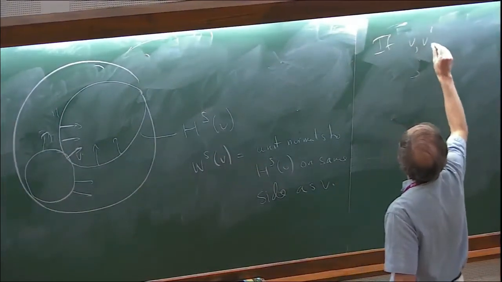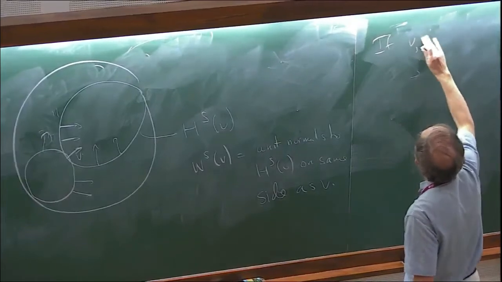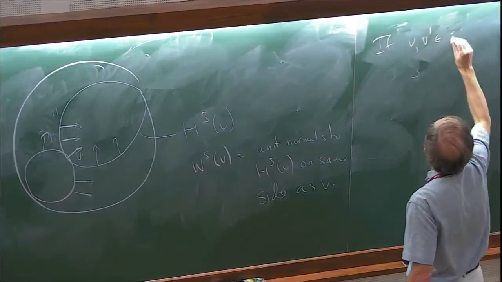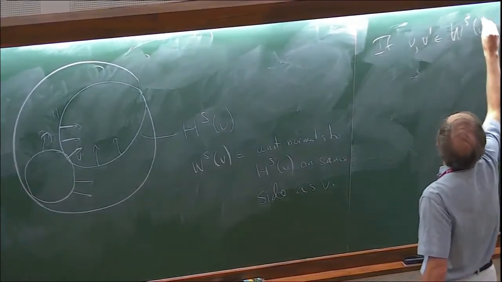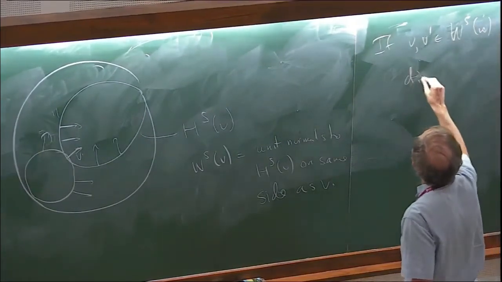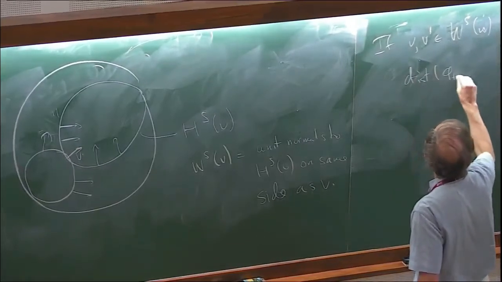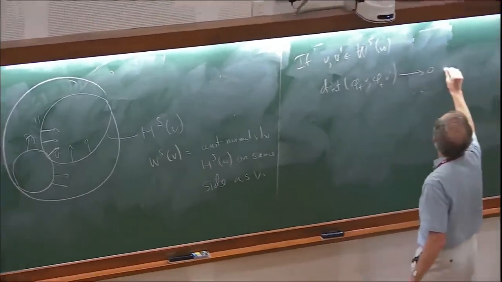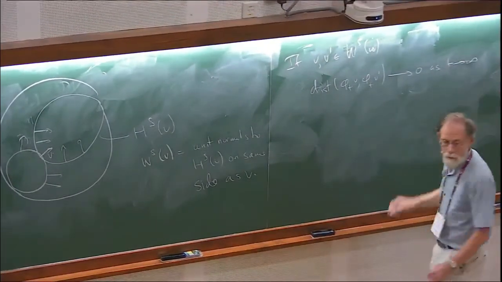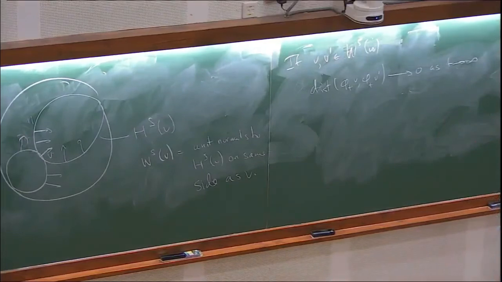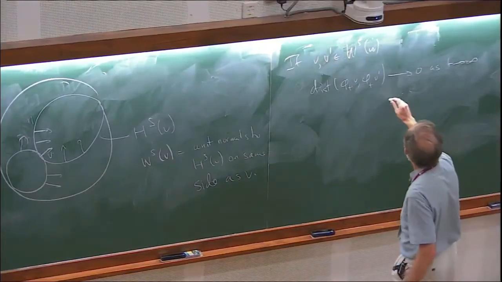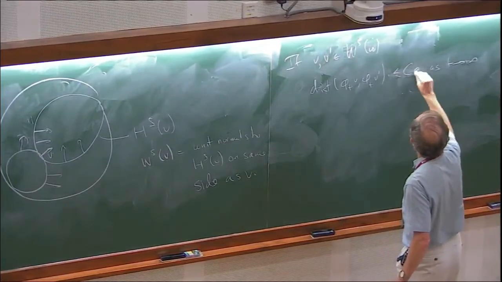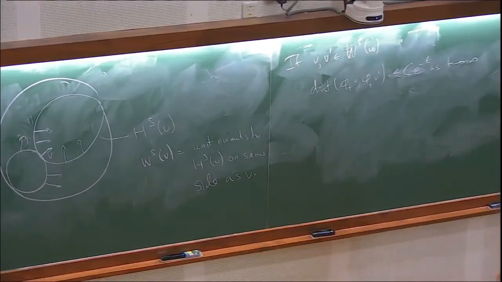And the point is that if V and V dash are in WS, the distance from phi t V to phi t V dash converges to 0 as t goes to infinity. In fact, it converges exponentially to 0. I could say less than or equal to some constant times e to the minus t.